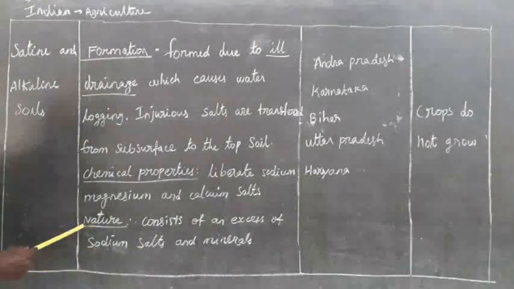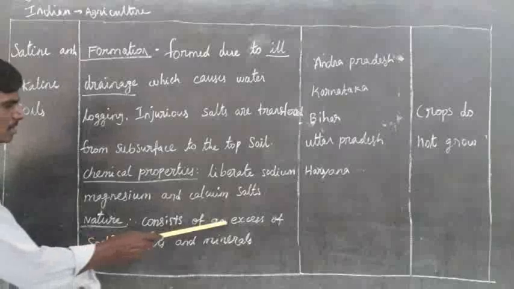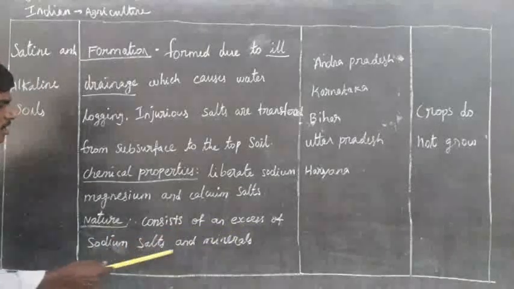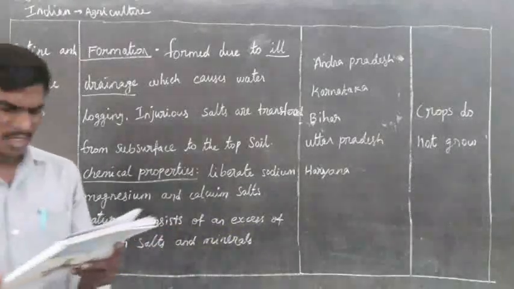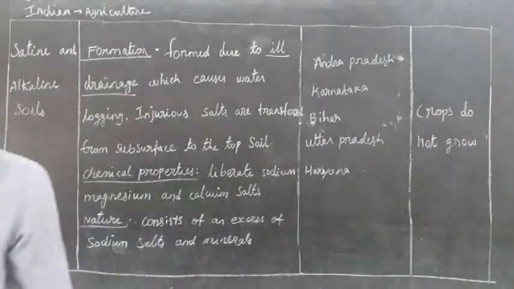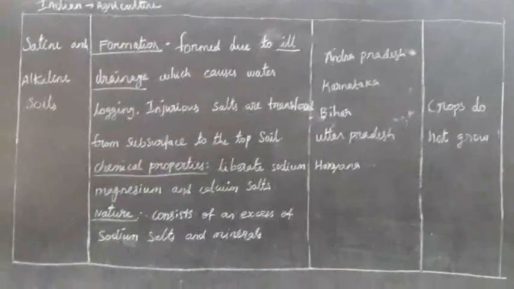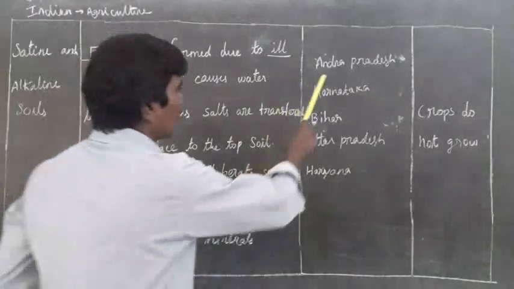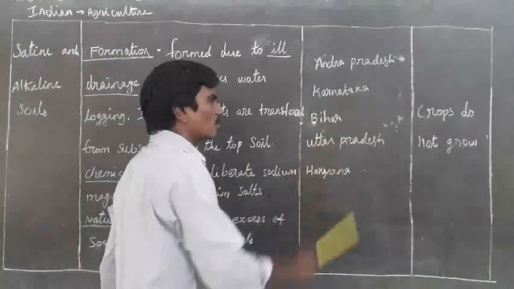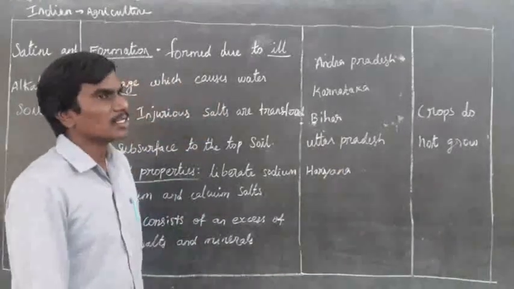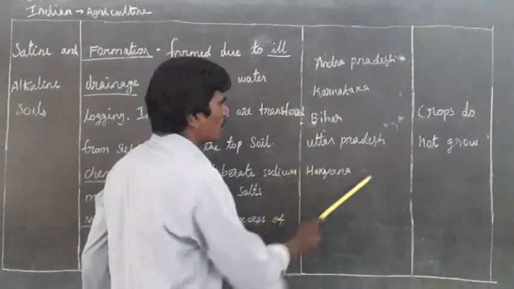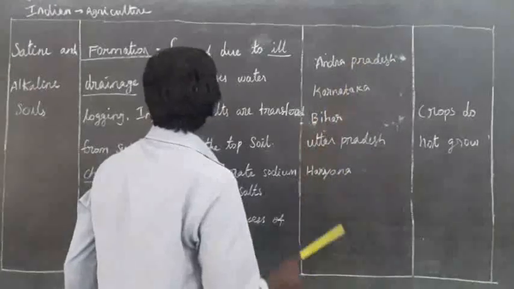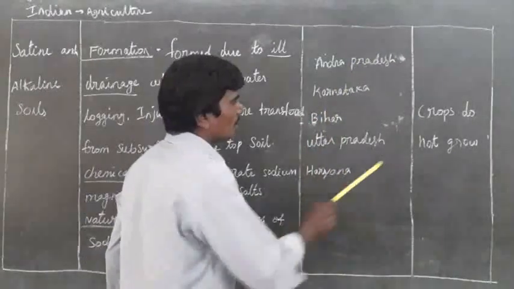Next one is nature. They consist of an excess of sodium salt and minerals. These saline and alkaline soils are found in Andhra Pradesh, Karnataka, Bihar, Uttar Pradesh and Haryana.